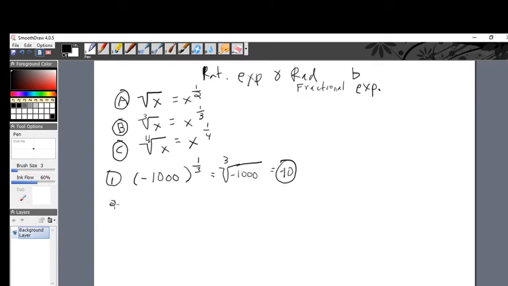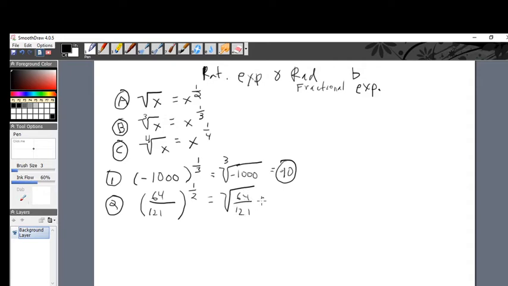Let's go to number 2. What if I would ask you, it looks like a complicated question, 64 divided by 121, and take that to the 1/2 power. What does the 1/2 power mean? It's a square root. So essentially what I'm asking you is for the square root of 64 over 121.